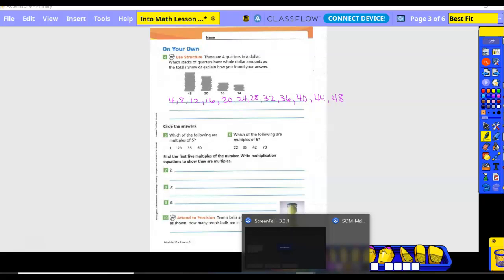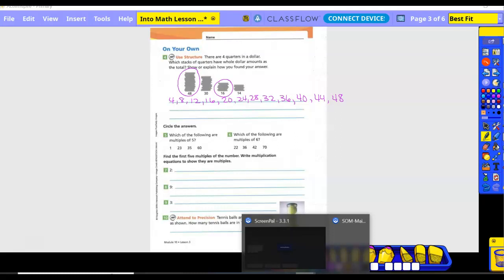And we could have kept going to 13, 14, 15. Which of those stacks match any of the numbers that we wrote? Does 48? Yep. Does 30? No. 16? Yes. 14? No. Okay, how do we know that 30 and 14 would not be whole dollar amounts?